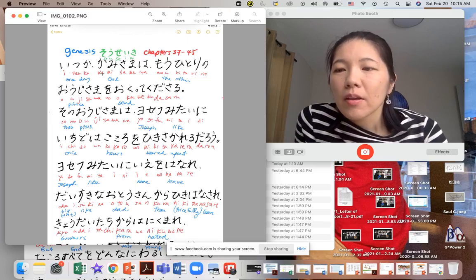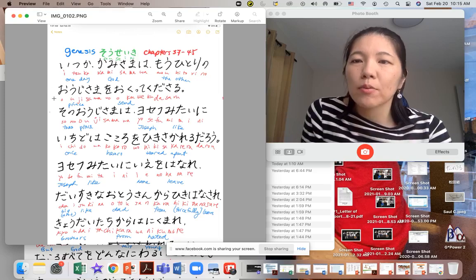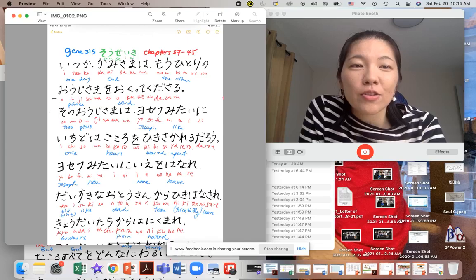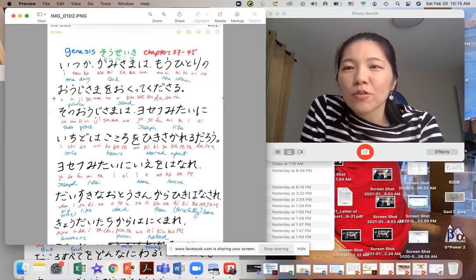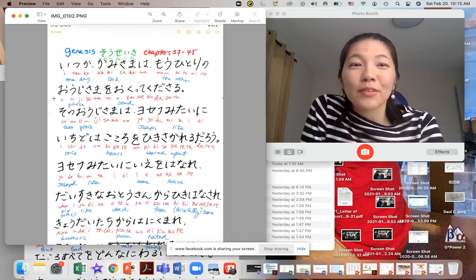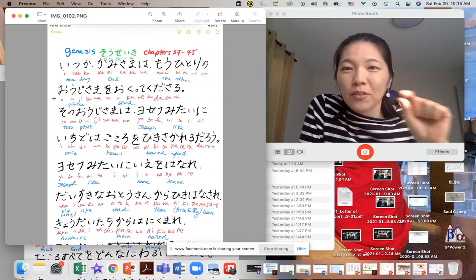So the first sentence I will read in Japanese. If you want to challenge yourself in hiragana, you can follow along the black one. If you want to look at what each letter sounds like, then you can look at the red part.